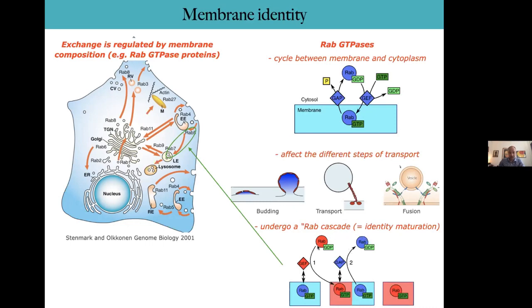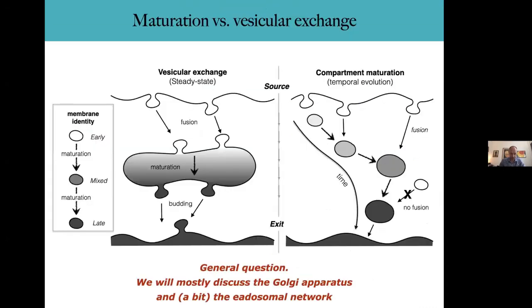And so this is a mechanism by which a blue compartment can turn into a red compartment in an irreversible manner. So this is due to the cooperativity of the activation-inactivation cycle of Rabs. But this is one basis by which the maturation of early endosome to late endosome can be explained. I'm sure there are others, but that's one way. So basically, this is, I think, the only molecular specific slide I have, but keep in mind that when I talk about identity, this is what I might be talking about.